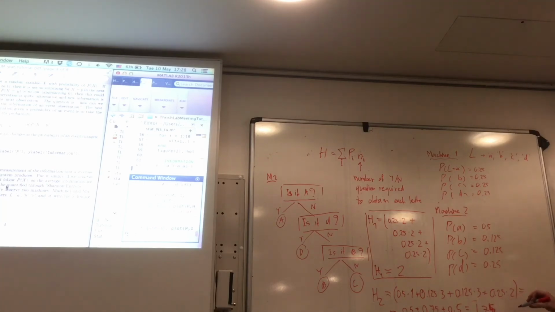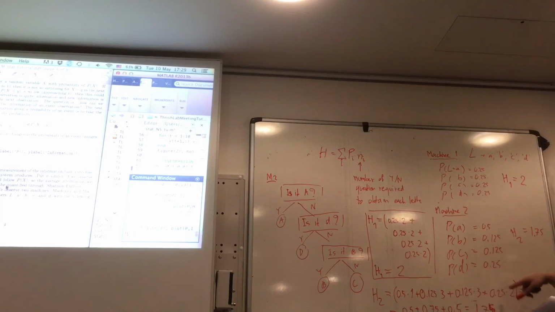So for H1 we have 2, for H2 we have only 1.75. So machine 1 has higher entropy in this case. So what does that mean?